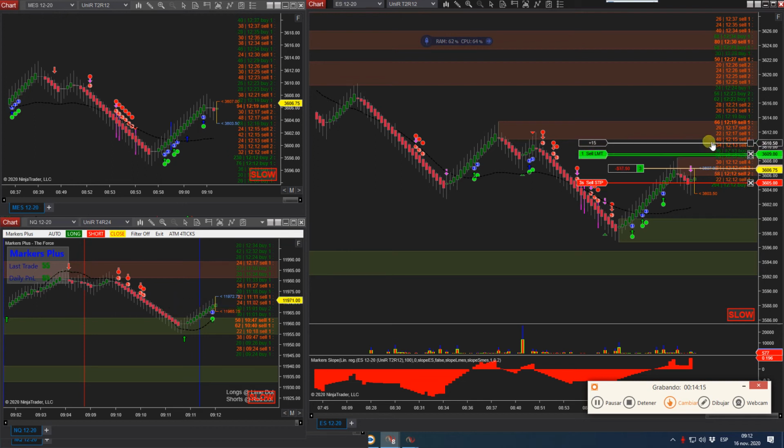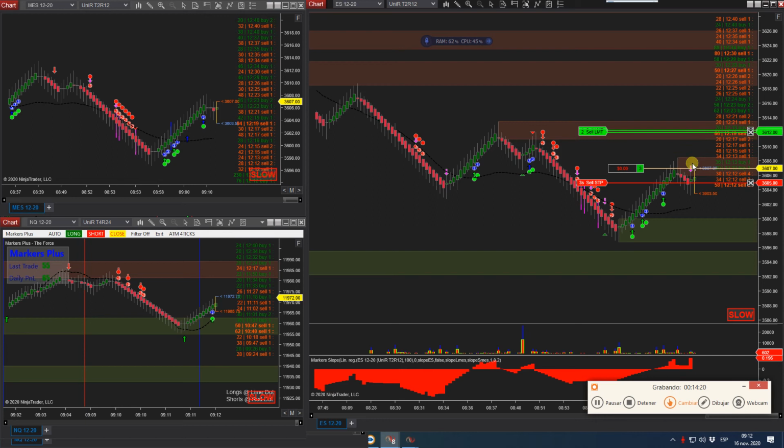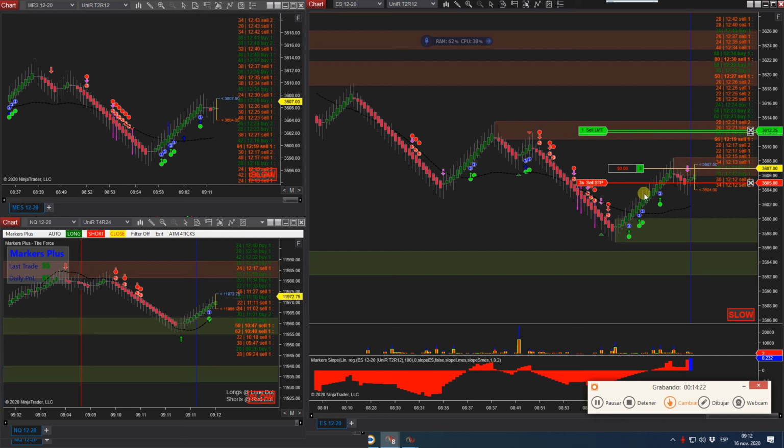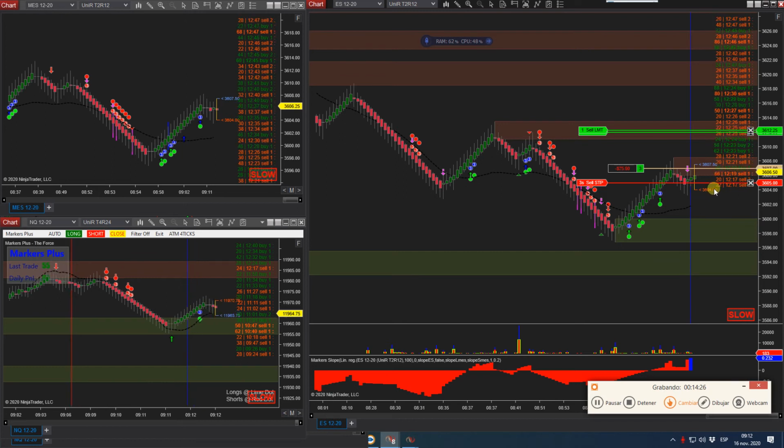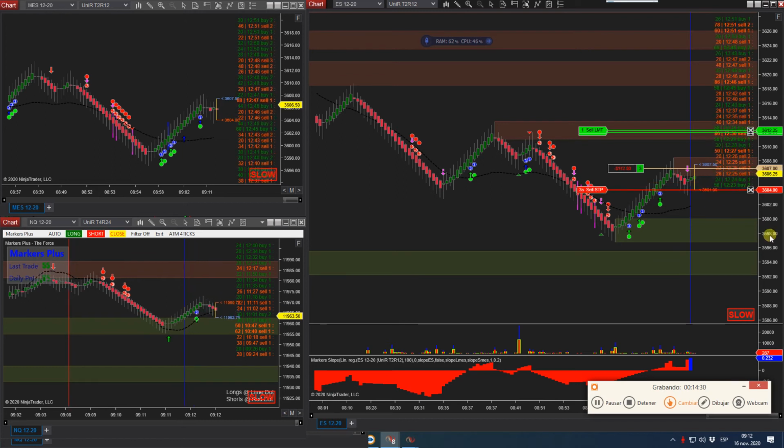Starting to move faster. Yep, linear regression is pointing higher. Give it some room. Yeah, I saw the buyers around here with heavy buying, and Nasdaq just reversed.